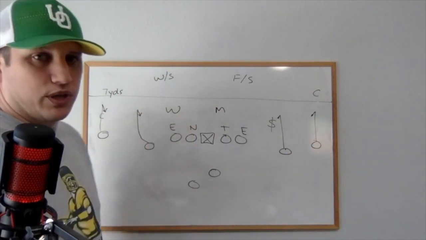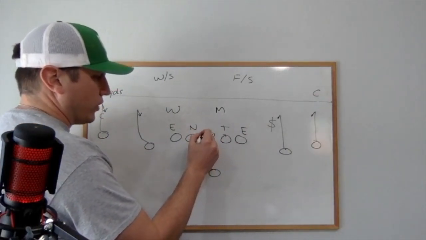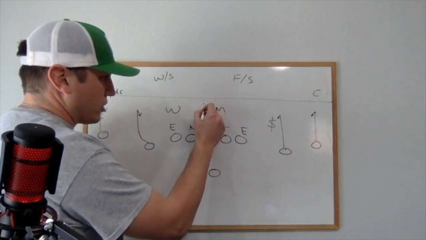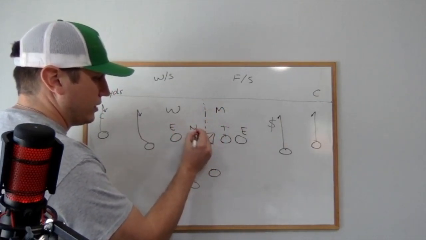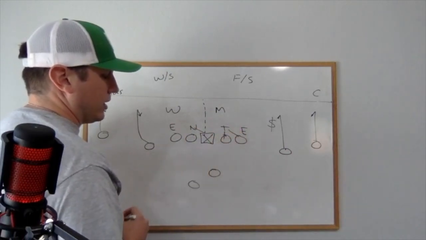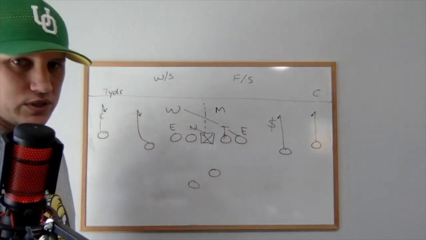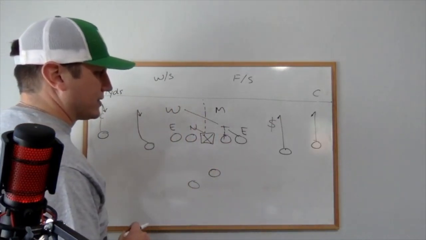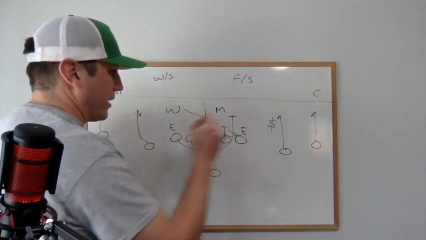So for this example, let's just do counter trey to the right. Okay. So if we go counter trey to the right, I'll draw my center line here. So our center is going to block the first guy back from that center line. We're going to double the 3 technique here with our guard and tackle, and they're going to work all the way back to the first linebacker behind that center line. Our guard's going to kick out the DE, and then we're going to wrap for the Mike there.